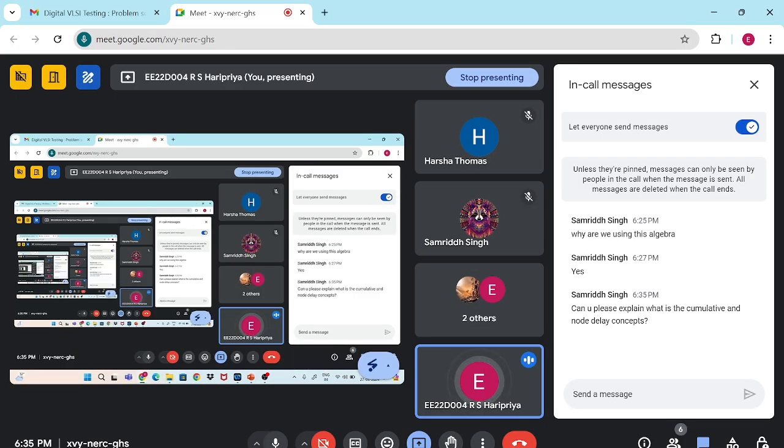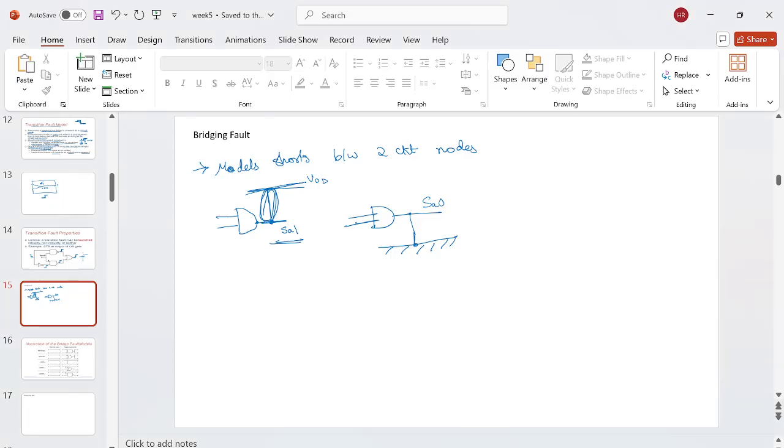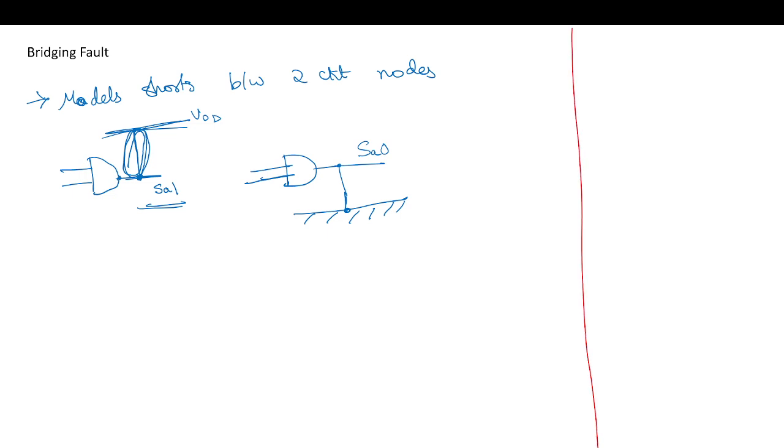Can you please explain what the cumulative and node delay concepts are? Say I just take one small circuit.